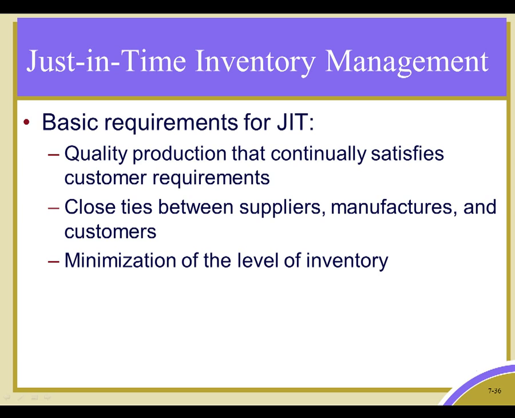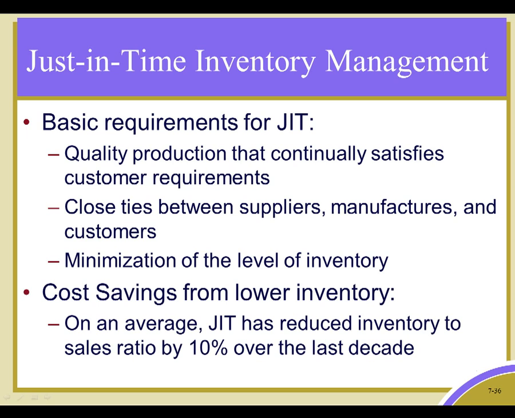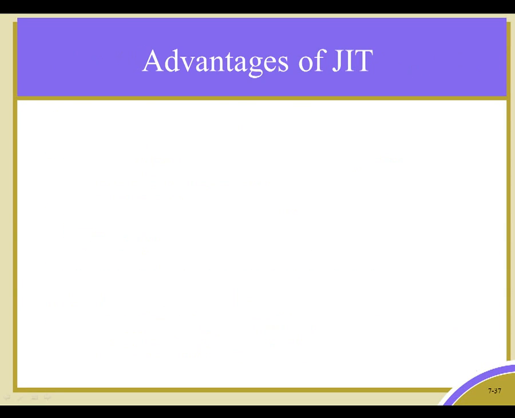You need close ties between the suppliers, manufacturers, and customers, and all of this leads to minimizing the level of inventory that's required at the point where just-in-time inventory management is being utilized. Now, there are a number of cost savings from having lower inventory, and it's been estimated that just-in-time inventory management has reduced inventory to sales ratios by over 10% over the last decade.